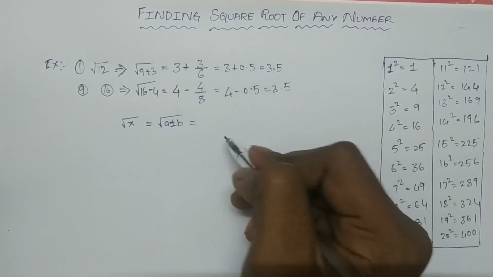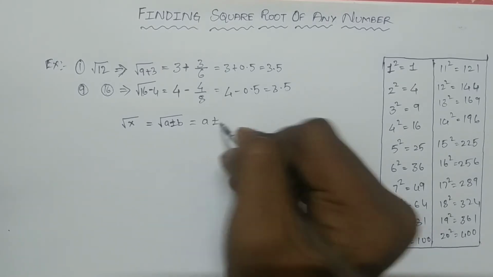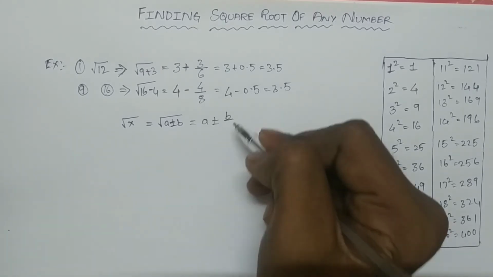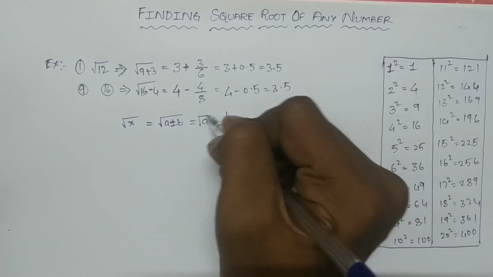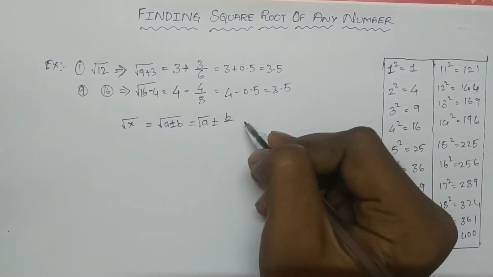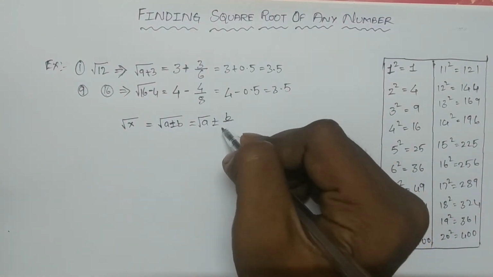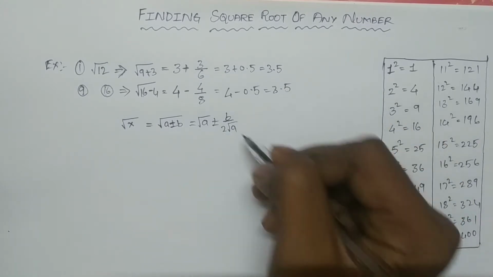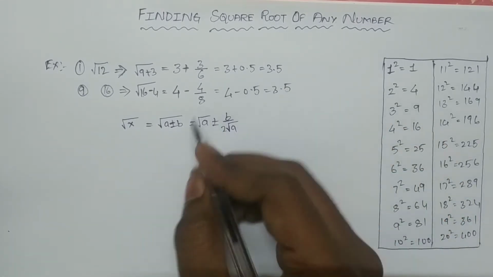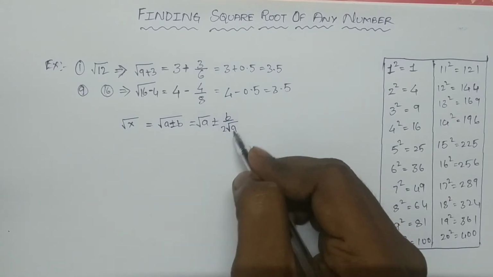Then the next step is root a plus or minus b by 2 into root a.